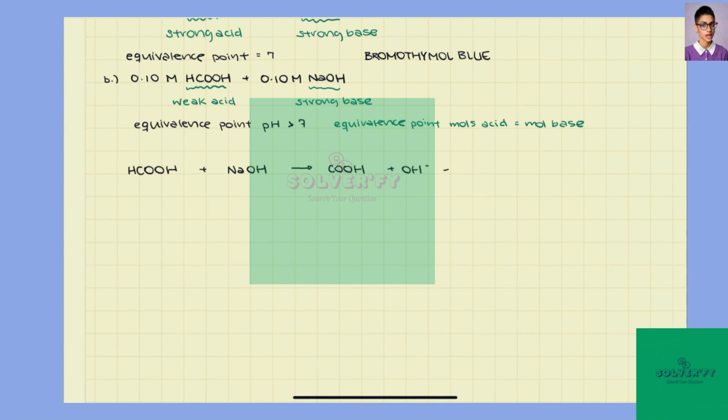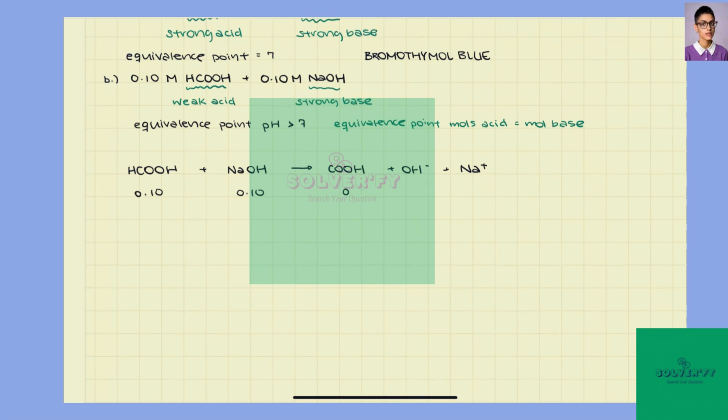We will have 0.1 moles of HCOOH and 0.1 moles of NaOH. On the right side, we will start with an initial moles of 0 because the reaction has not proceeded yet.